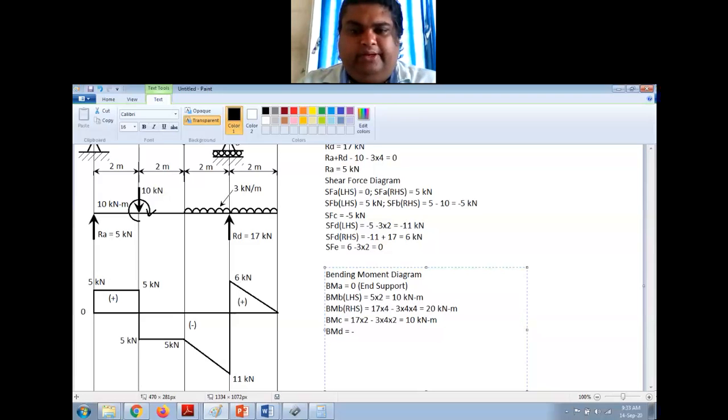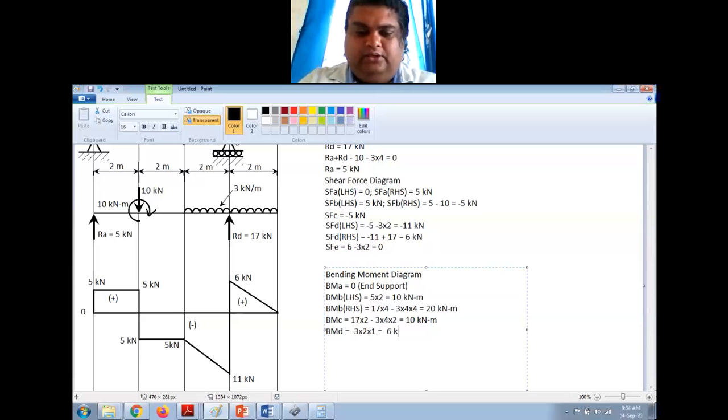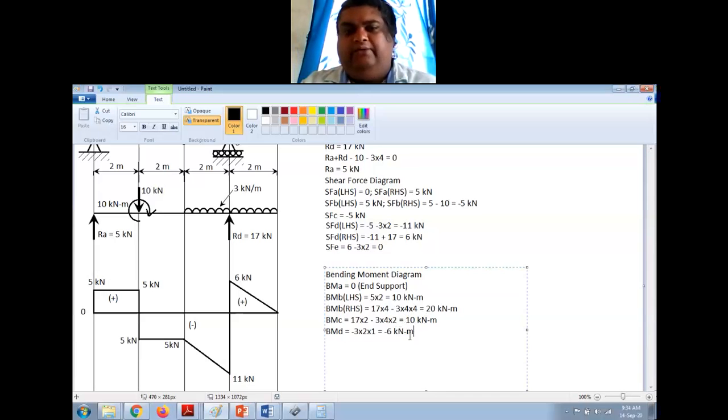So it will be minus 3 into, the length is 2 meter and it will be acting at the midpoint here. So that is 1. So into 1. So this is minus 6 kilonewton meter. Since the BMD sign is changing, I will have a point of contraflexure. I will have to find that, right?